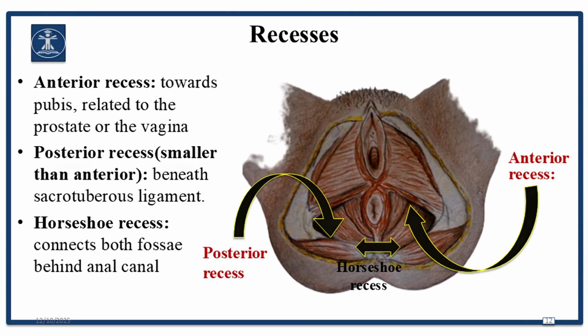So that is the horseshoe recess. And it is also just behind the anal canal. You can see the anal canal at the center, you can see the anus at the center. So the horseshoe is behind it. You can see the arrow there that I used to denote it. The arrow points left and right. So it is a kind of passageway connecting the left and right ischioanal fossae together.